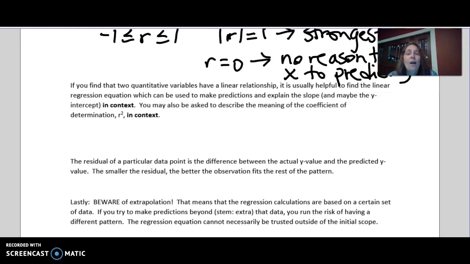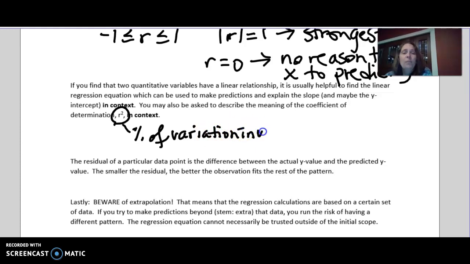Also, you want to talk about r squared, and that's the one that has that long definition that you may or may not remember. R squared is the percent of the variation in y, which is your response variable, that can be explained by or attributed to linear regression on x.